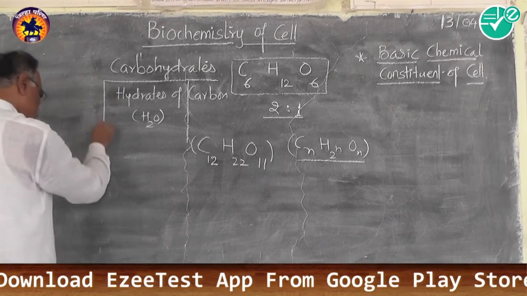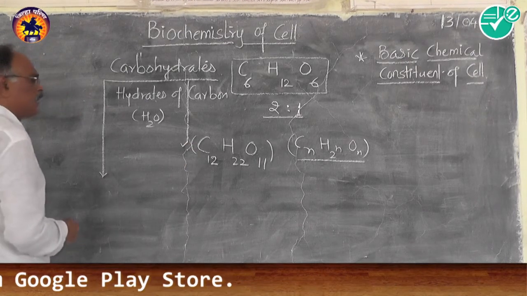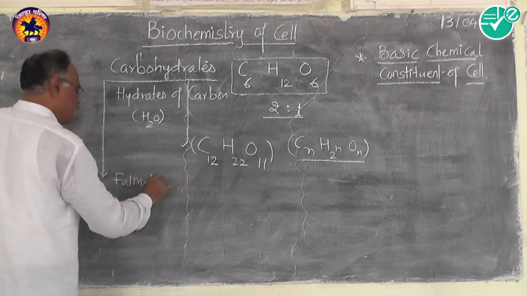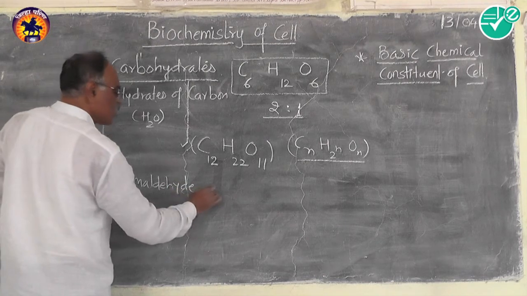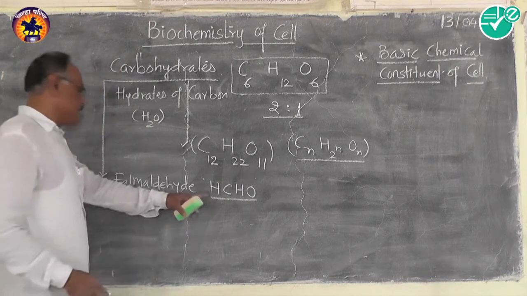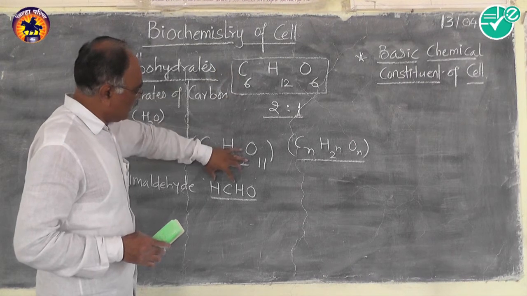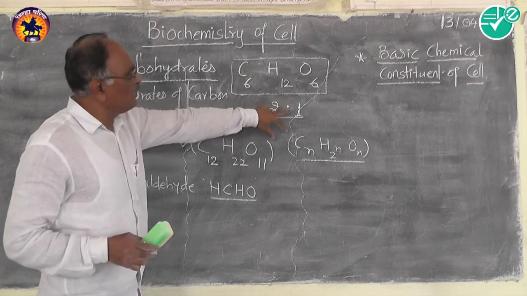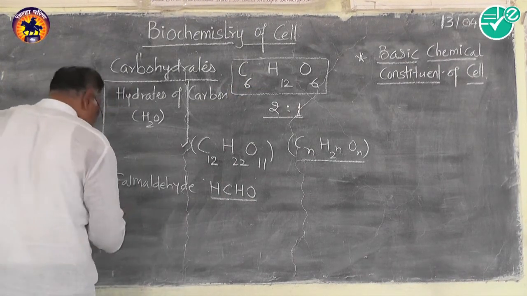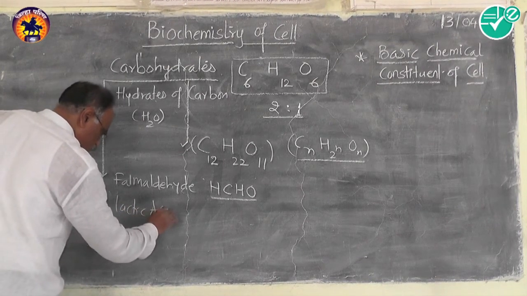Though some molecules present in the cell show the empirical formula of carbohydrate, they are not carbohydrates. One is formaldehyde, CH2O. This follows the same pattern of hydrogen and oxygen with carbon, as does lactic acid, CH3CHOHCOOH.